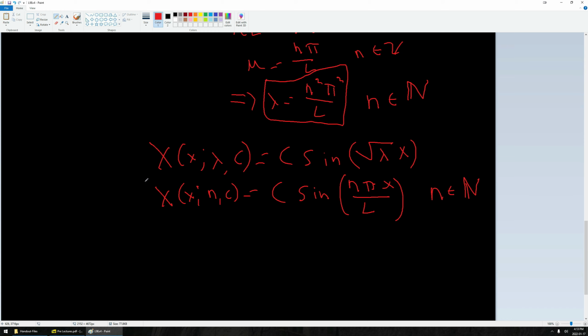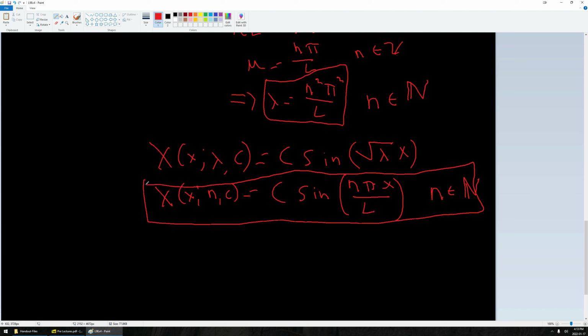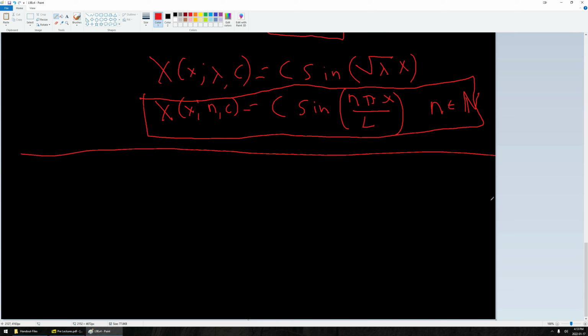So this is my solution to the boundary value problem. Now let's go one step further and look at what these things look like. It's not required for this problem, but yeah.